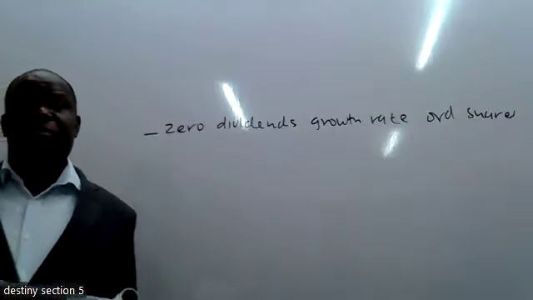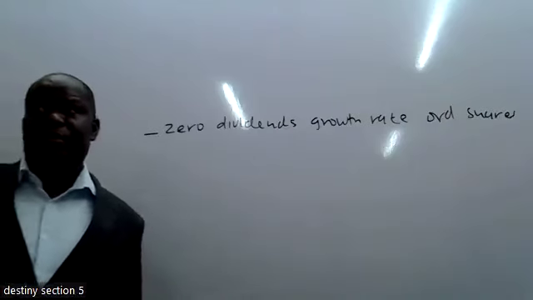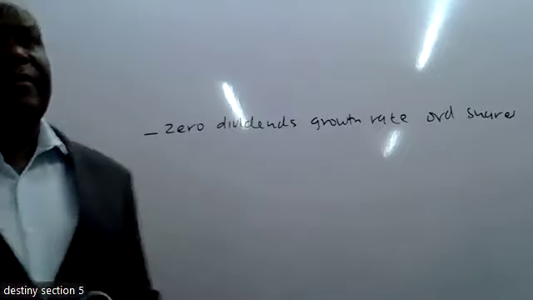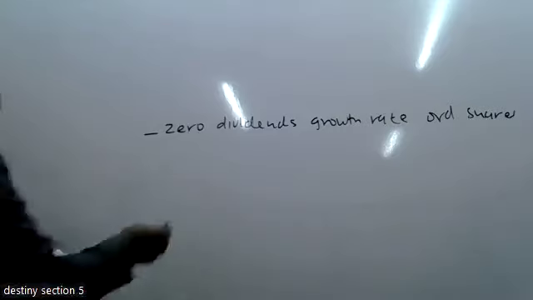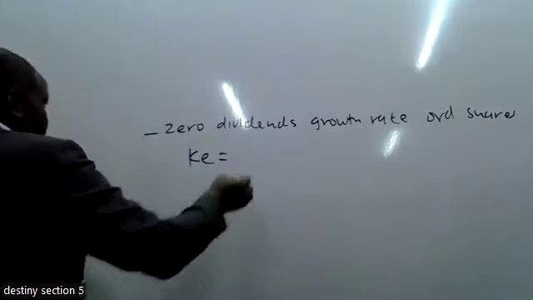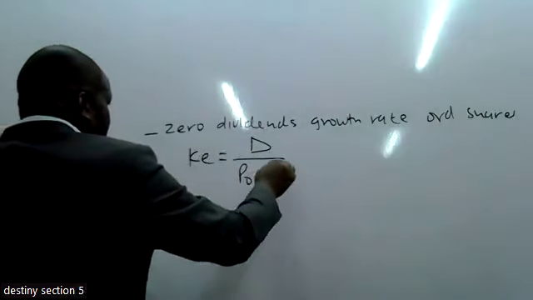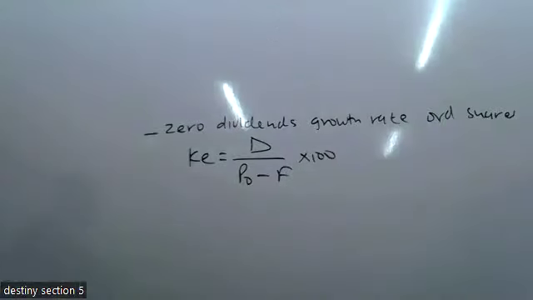I will simply give you the formula for getting the cost of capital; we shall not go into details explaining what it is. For the ordinary share with zero dividend growth rate, KE, the cost of the ordinary share, is equal to D divided by PO minus F, expressed as a percentage.